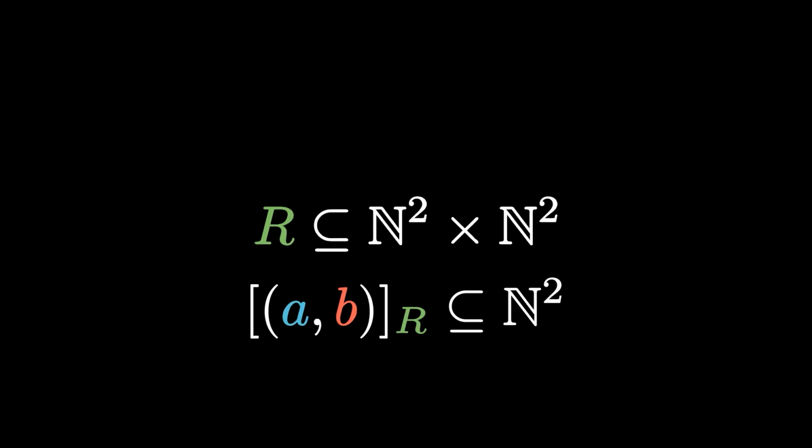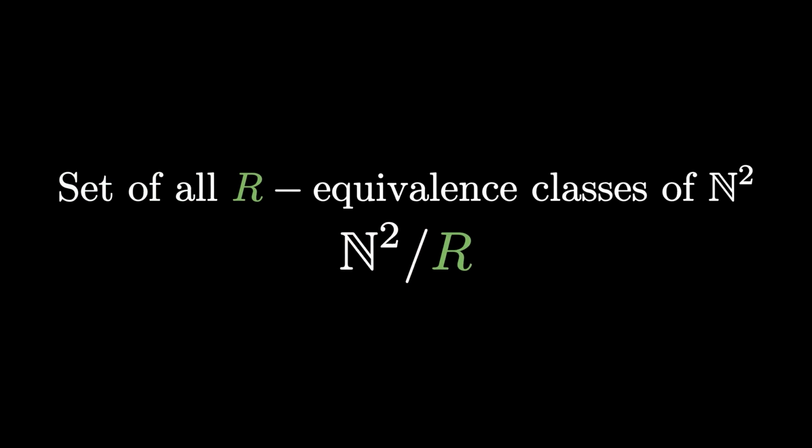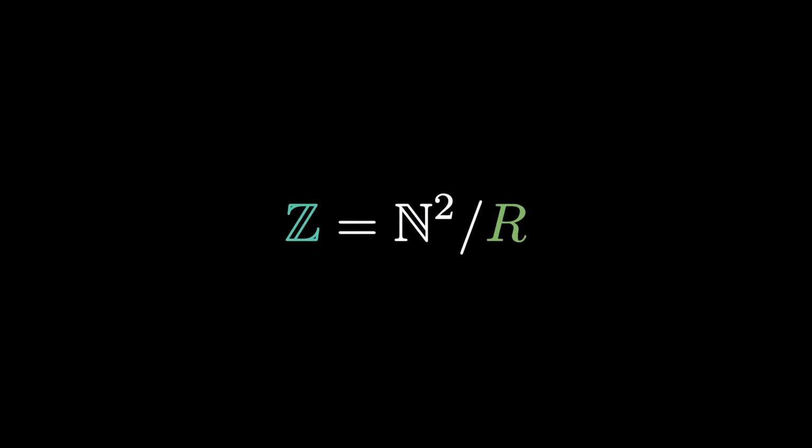Now, we denote the set of all equivalence classes of N squared over our relation R as N squared over R. Then this right here is what we define as the set of all integers. Not exactly what you're expecting, huh? But this is a set using our axioms. Remember, by the axiom of comprehension, any definable subset of a set is a set.